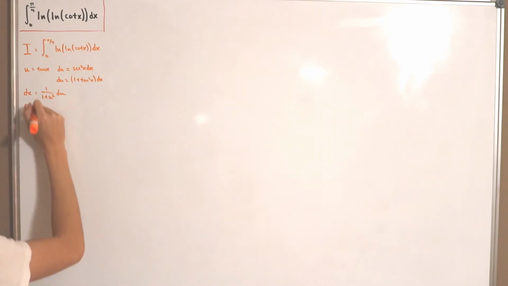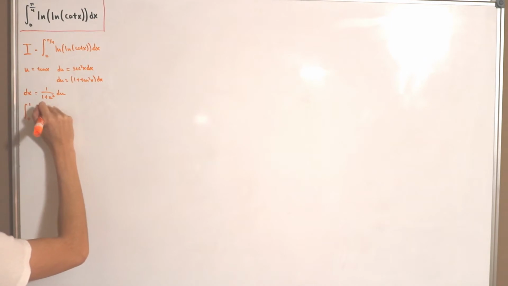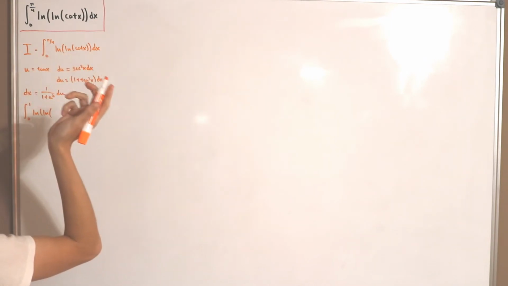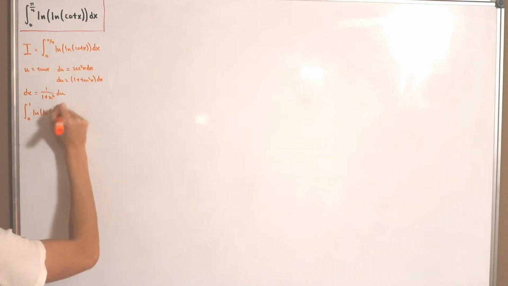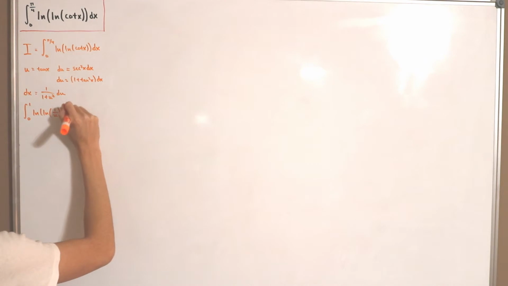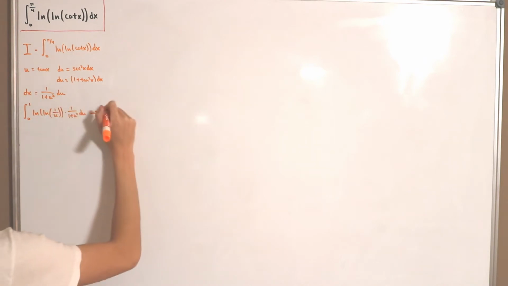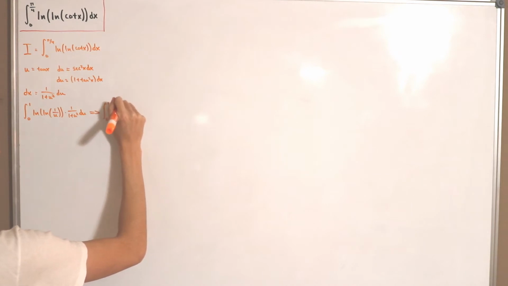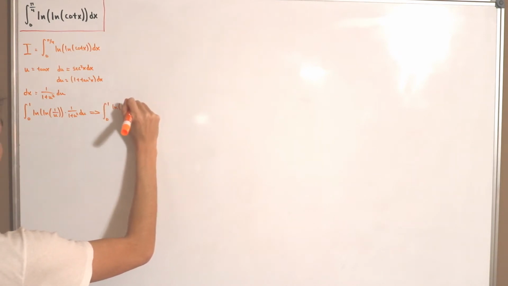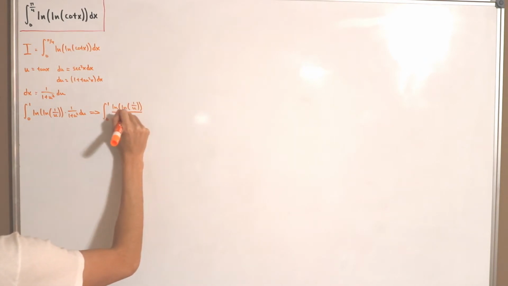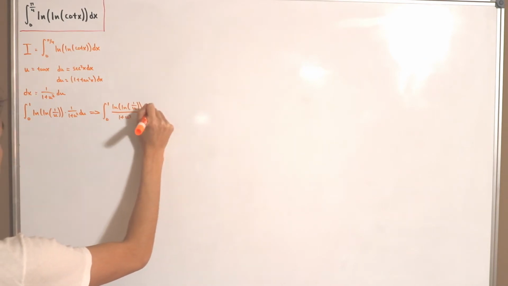Then we have the natural log of the natural log of cotangent x, which is the same thing as 1 over tangent x, so I can write that as 1 divided by u, multiplied with our dx substitution. If I simplify this out, this is the natural log of 1 over u, divided by 1 plus u squared du.